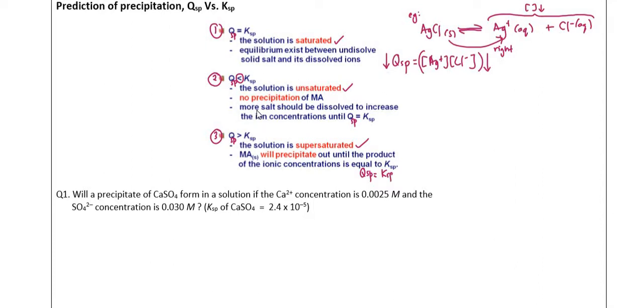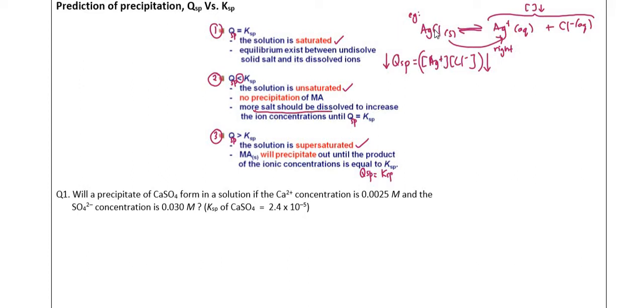That's why dia sebut di sini no precipitation. Maksudnya tiada mendakan, sebab semua mendakan akan shift to the right. Shift to the right, that means dia akan terus menghasilkan ion-ion ini. Kenapa nak hasilkan? Sebab nak tinggikan semula concentration ion. That's why disebut more salt should be dissolved.